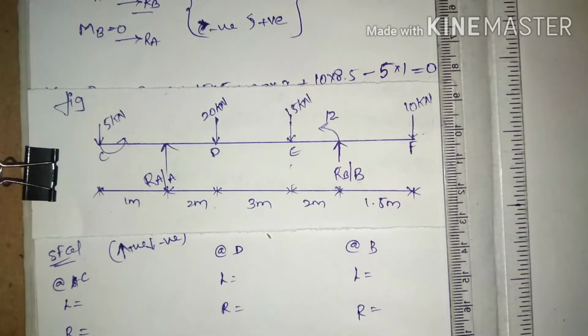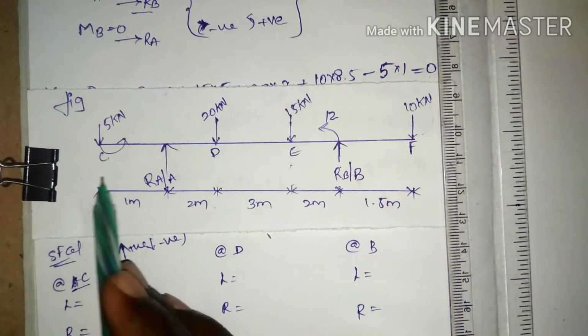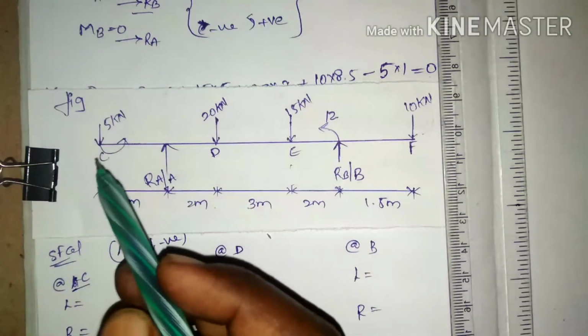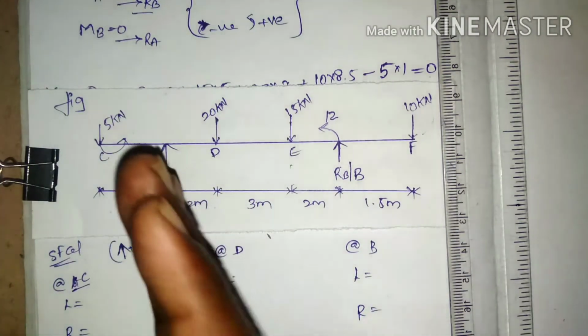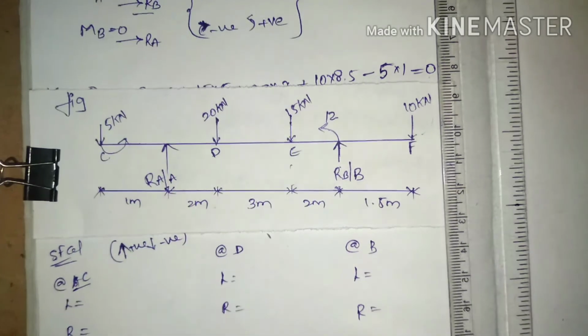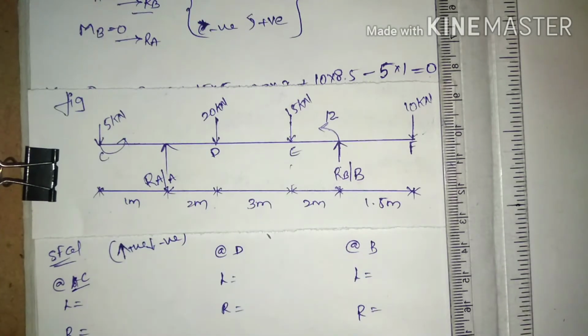Let's take the point C, where the point load of 5 kN is acting. If I stand just left of C, I find no forces or reactions acting on this beam, so I take it as 0.